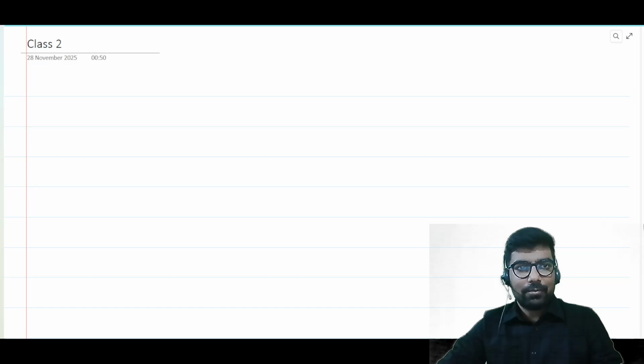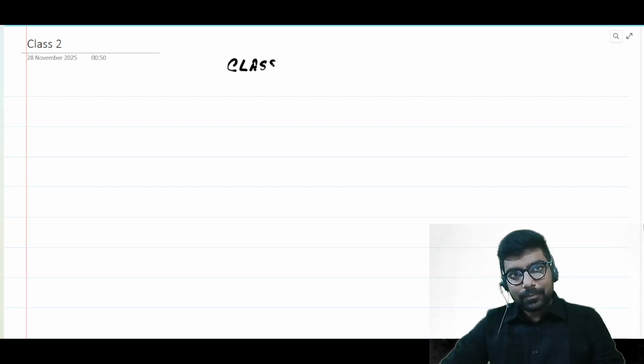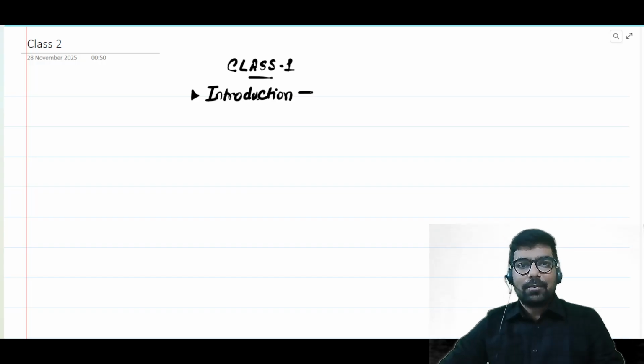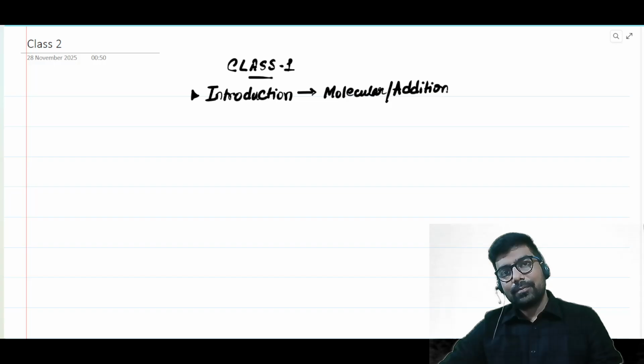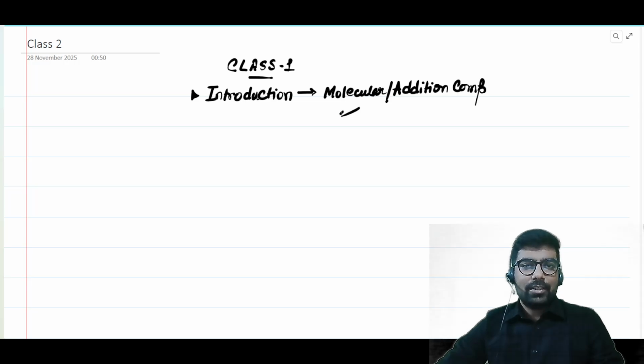In class 1, first we discussed the introduction, in which we discussed molecular or addition compounds. Initially there were two types of molecular addition compounds.